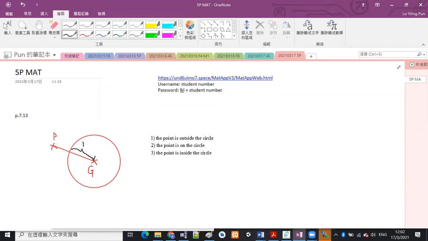This is the R. And then PG is the distance between the point and the center. Let me call this D. The distance between the point and the center should be larger than the radius of the circle if the point is outside the circle.